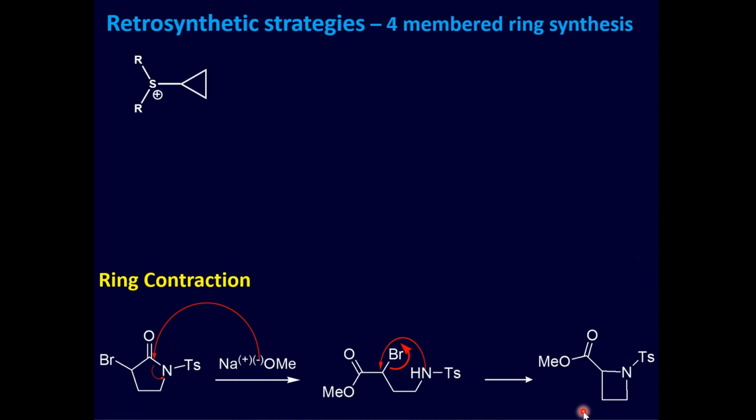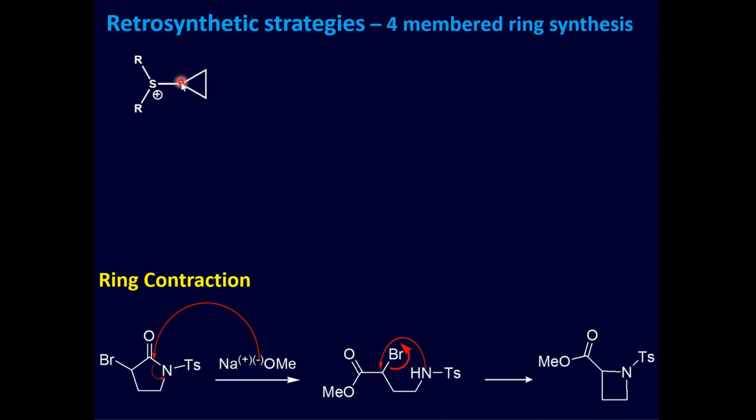One more example I will give for ring expansion. In the first example I have given a heterocyclic three-membered ring system. Here I am giving an example of a carbocyclic three-membered ring system. This carbocyclic ring system is attached to a heteroatom like sulfur because of its electron withdrawing ability.